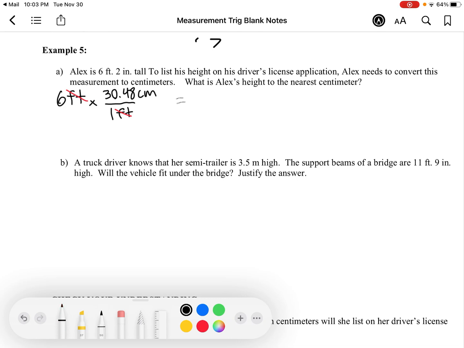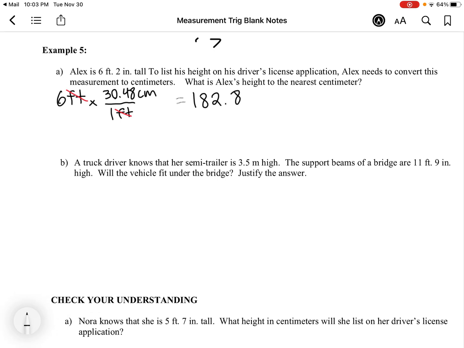So that is, let's see, 6 times 30.48, 182.88 centimeters. And then we also need to do the 2 inches into centimeters. And then the conversion factor there is that 1 inch is 2.54 centimeters.